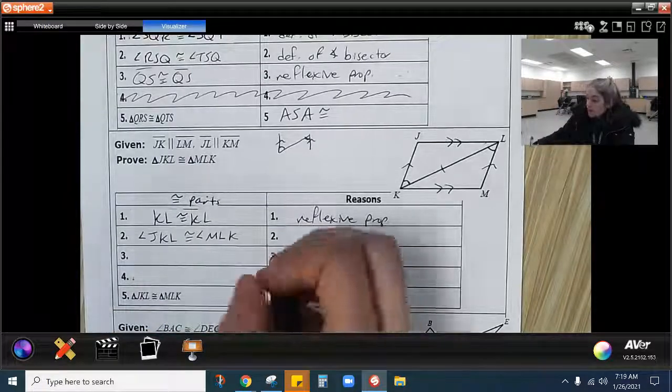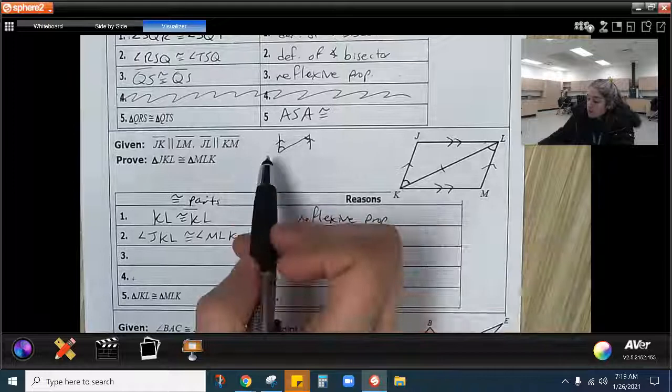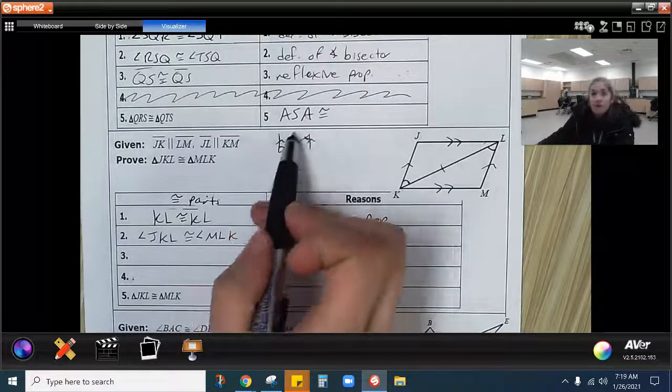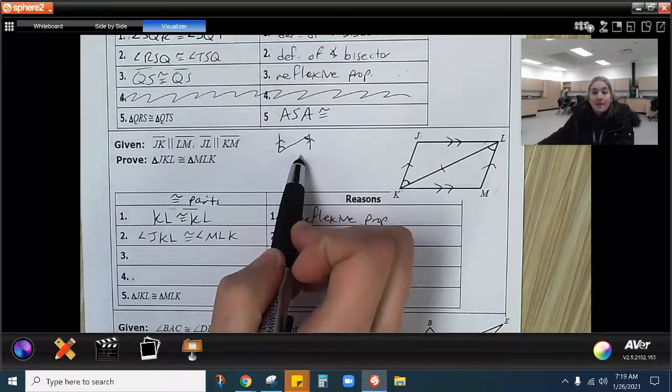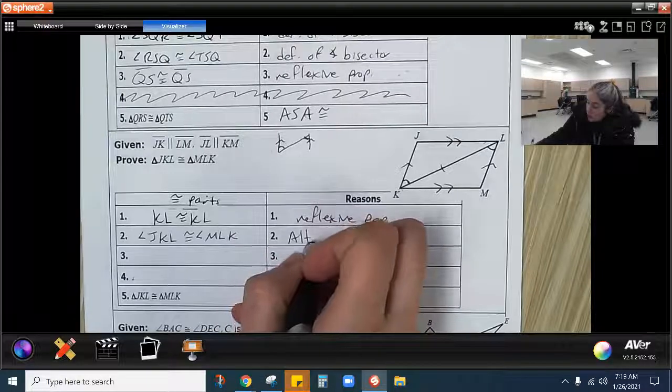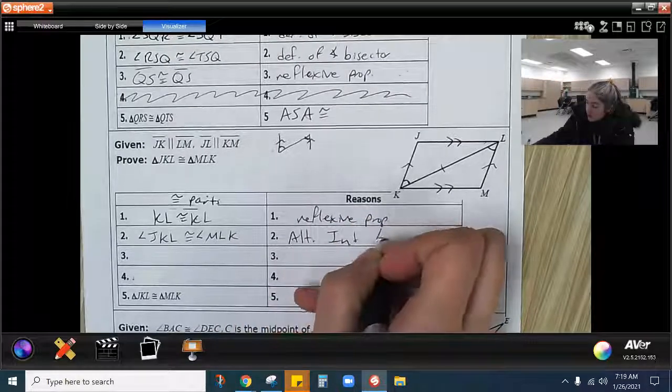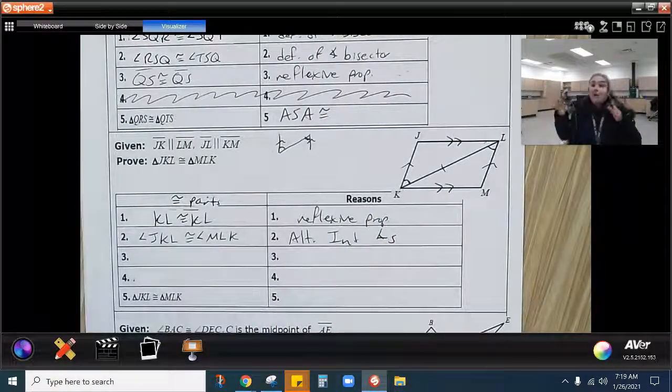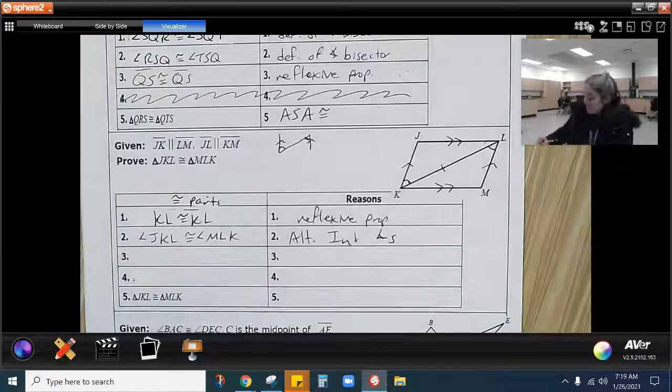How do I know that? What kind of relationship do those angles have? I think it's easiest to look at this diagram and to see. How would we name that angle relationship? They are alternate interior angles. I told you it was never going away. Isn't it so exciting? It's like we spent months doing it for a reason. I feel good about that.